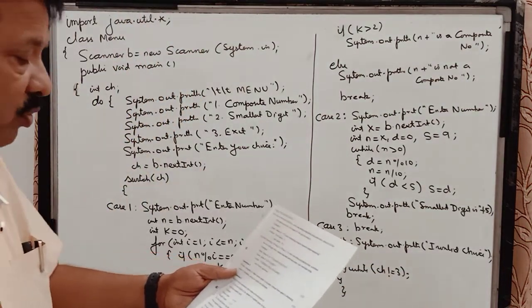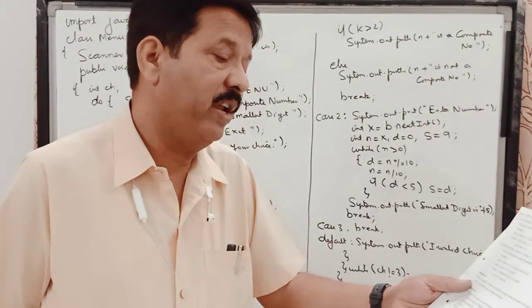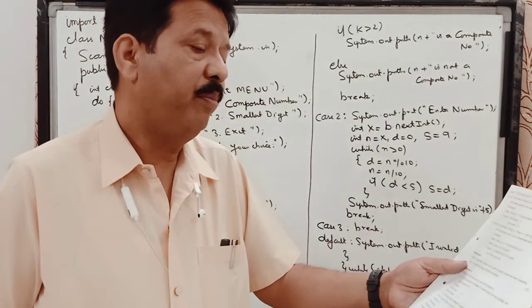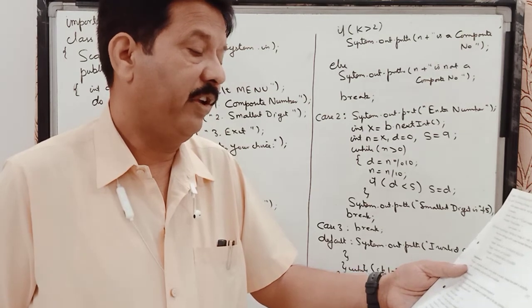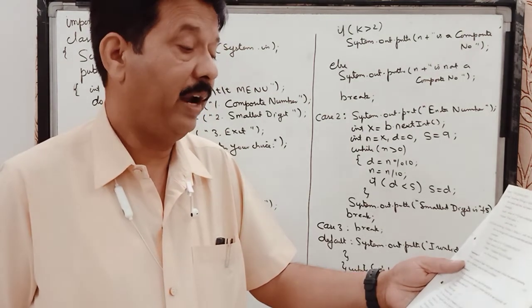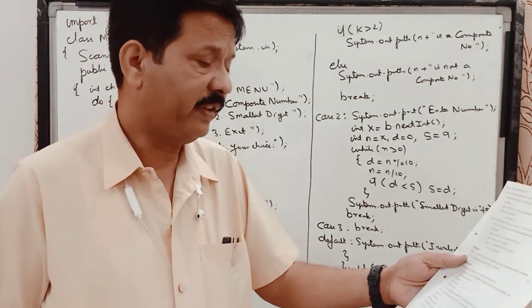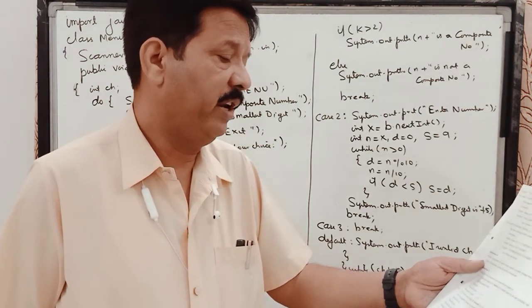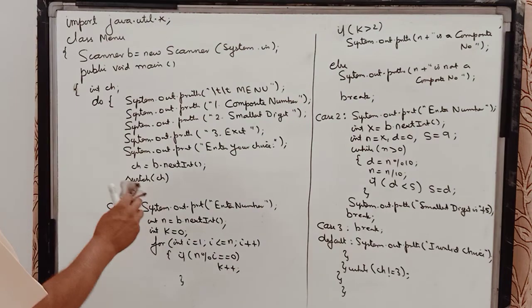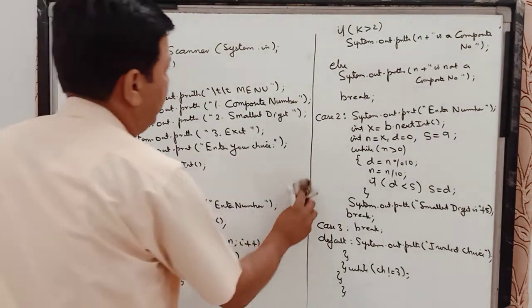And second is to find and display the factorial of a number input by the user. The factorial of a non-negative integer n is denoted as n exclamation mark, the product of all integers less than or equal to n. And for an incorrect option, an error message is to be displayed.